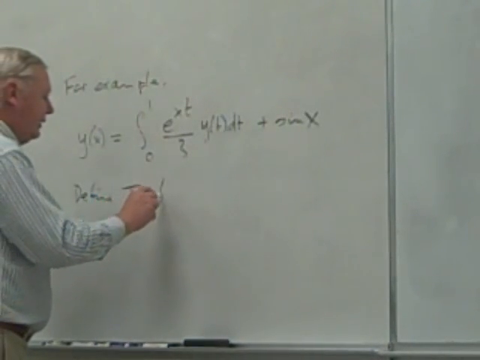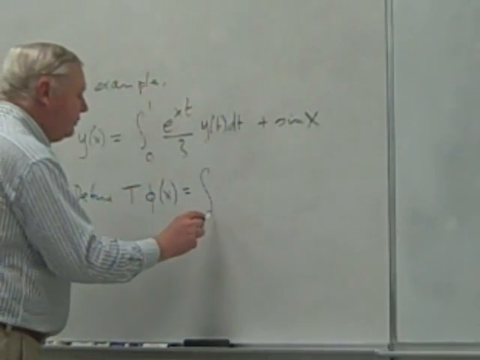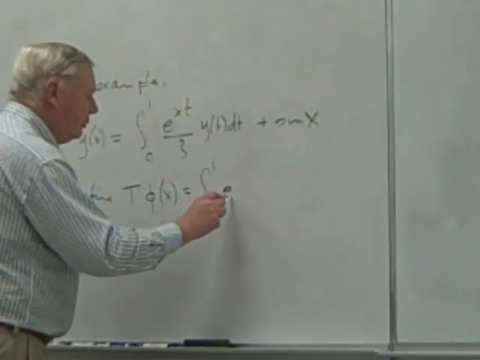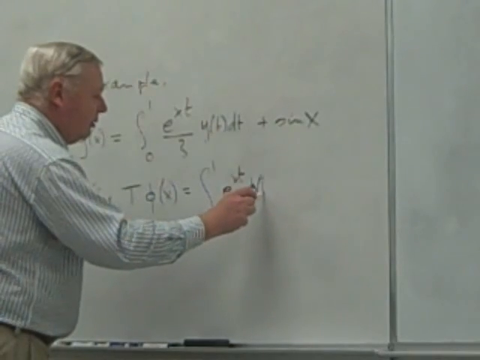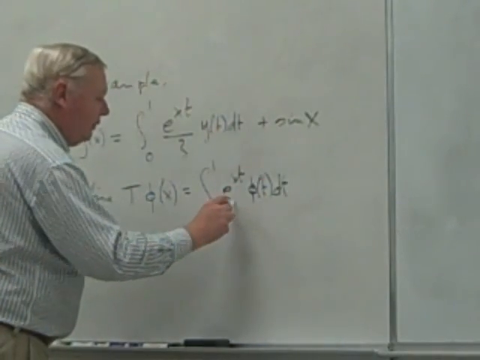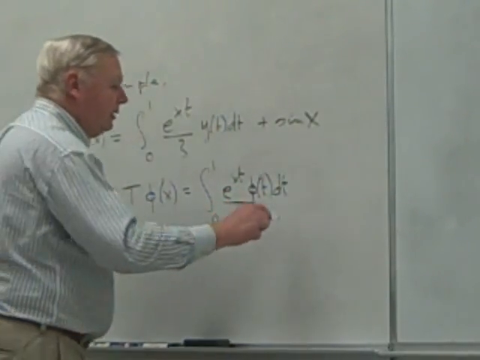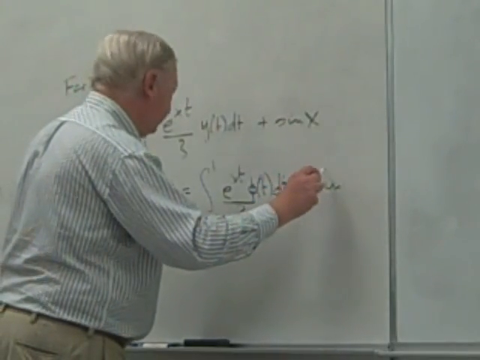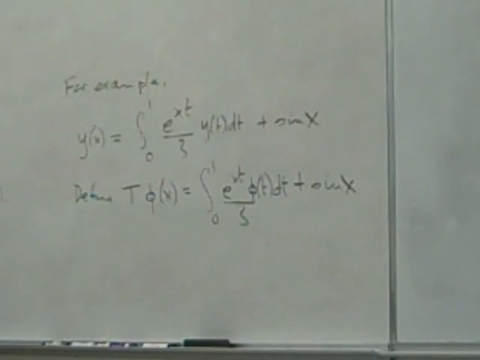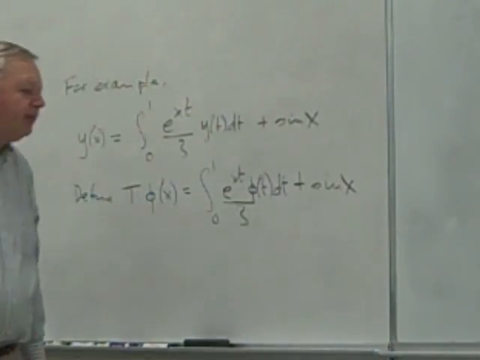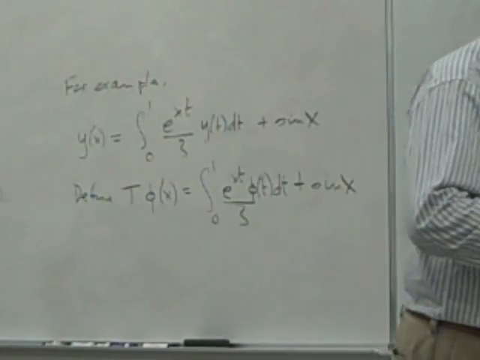So T phi at x is the integral 0 to 1 e to the xt phi of t dt divided by 3. We'd like to see that that is a contraction.